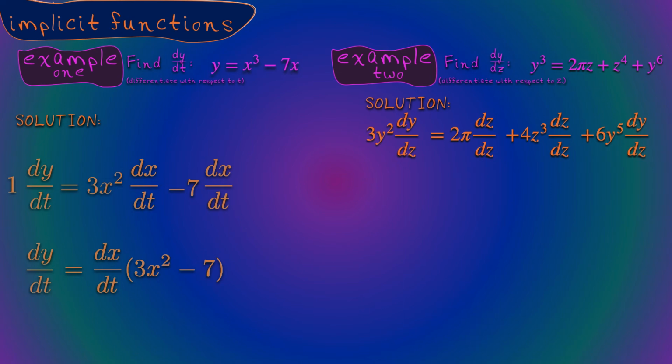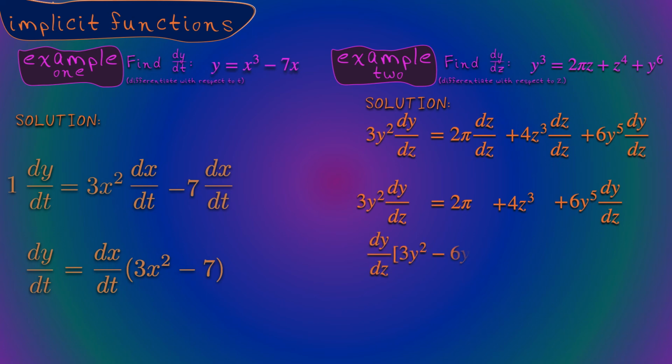Here we differentiated y with respect to z, so that dy/dz is the last differential there. So the dz/dz's are going to go away, but dy/dz is stuck. And it was asking for the derivative dy/dz, so we can just get that by itself.